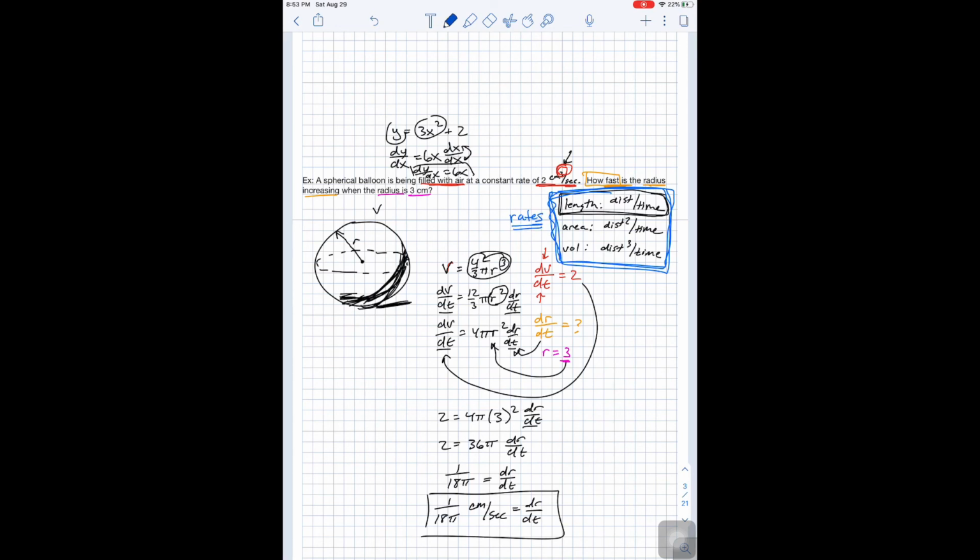So these are all your derivative labels. It's not straight up length. A rate of change of length is distance over time. A rate of change of area is distance squared over time, and a rate of volume is a distance cubed over time. So a length on its own is going to be just a distance, like centimeters, okay? But the rates are going to be per time.